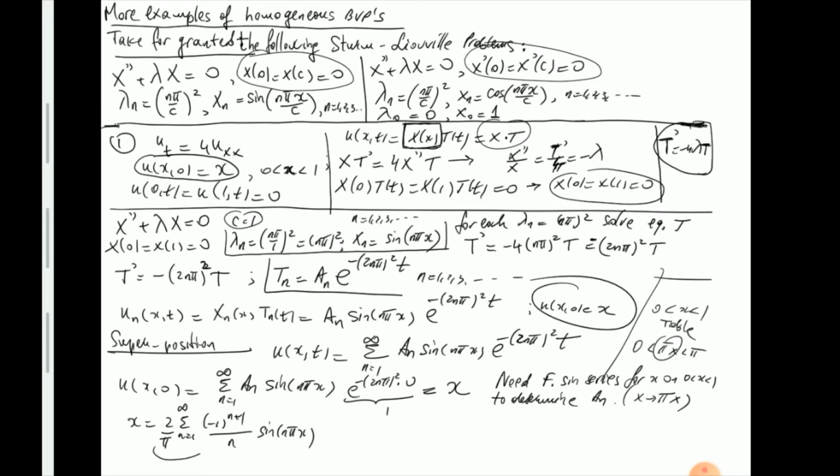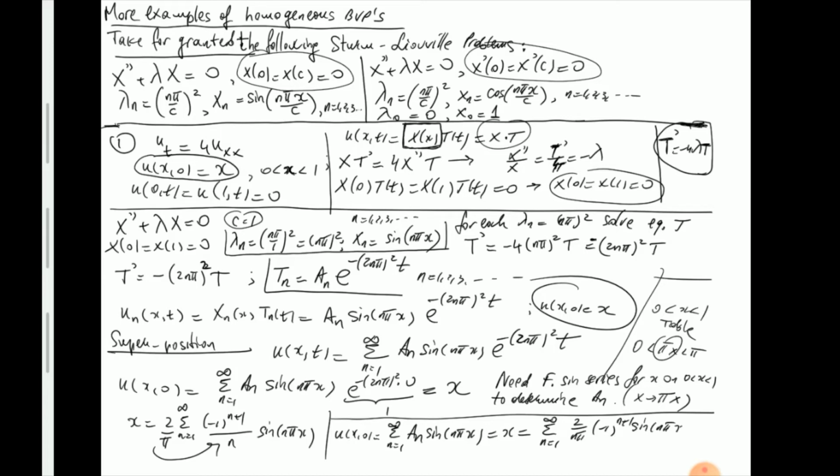We can bring 2 over pi inside the summation. So once again, the solution u of x,0 on one hand, coming from that solution, is the summation from 1 to infinity of a_n sine of n pi x. This should be equal to x, which from the table is equal to the summation from 1 to infinity of 2 over n pi times minus 1 to the n plus 1, sine of n pi x.